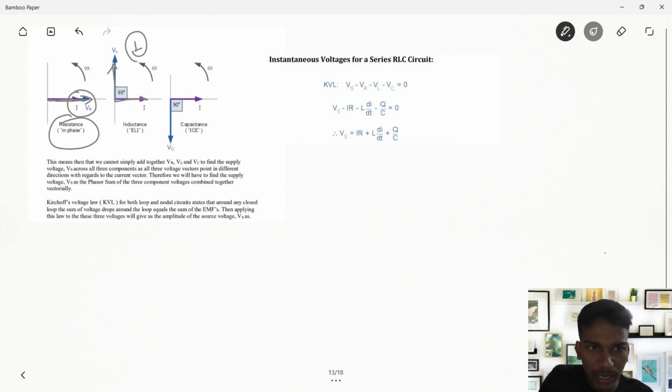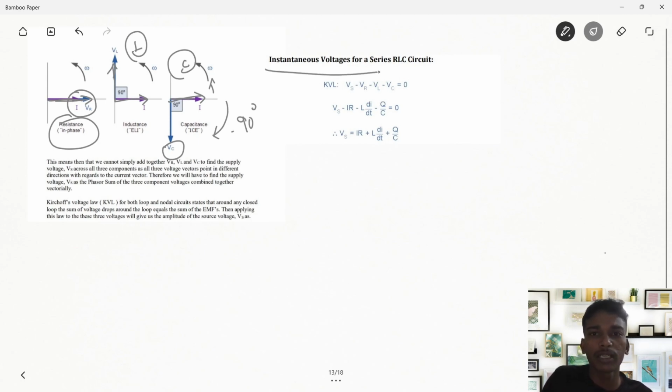If it sees the direction of I, then the V has to be in this direction, right? If it's purely capacitance, then if it is the I direction, then it has to be 90 degrees lagging behind the current, right? So we are going back from our original direction. I'm going back by 90 degrees over here. And this is VC.